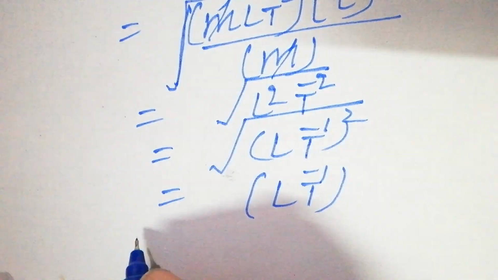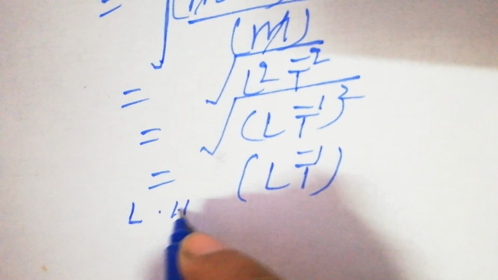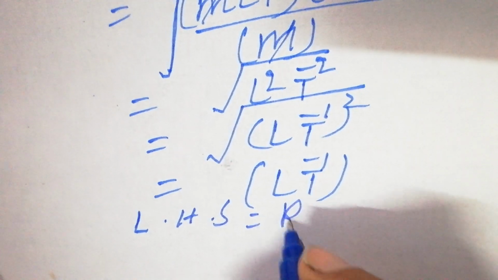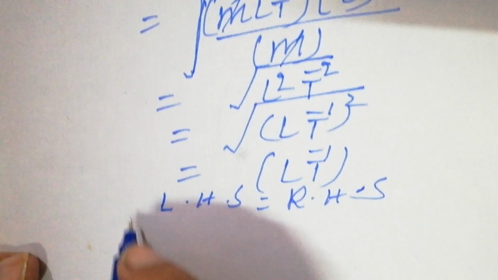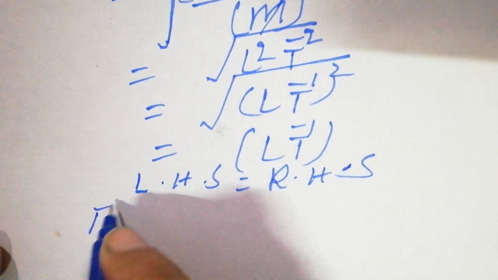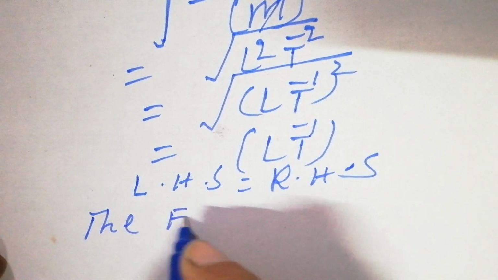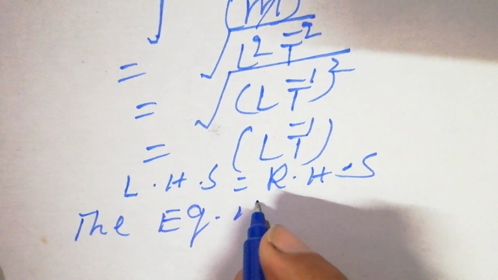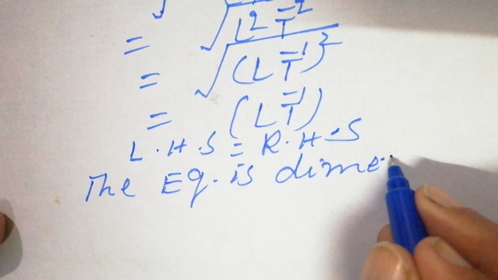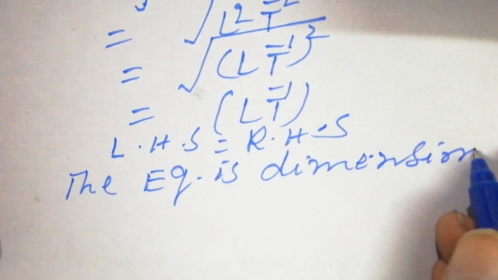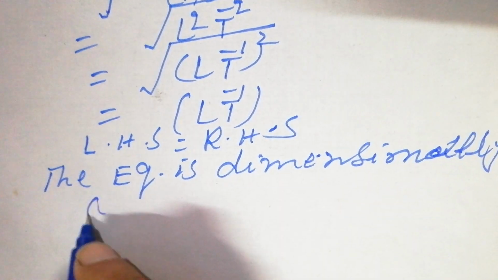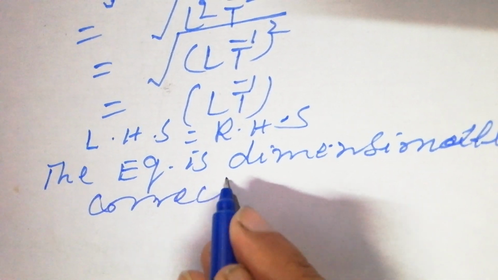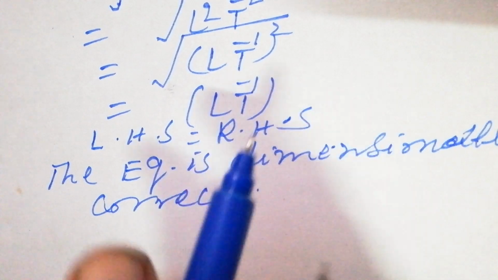So students, left hand side is equal to right hand side. What does it show? It shows that the above equation is dimensionally correct, and it has been proved.